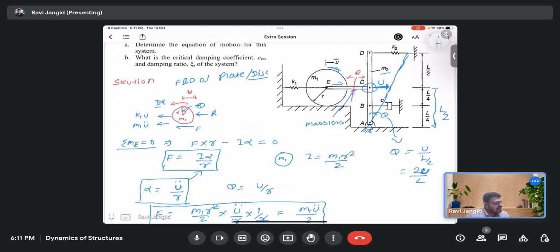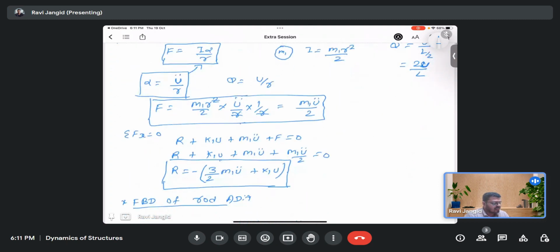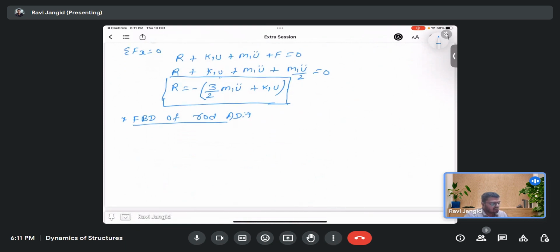Let us draw the free body diagram, so it is easier for you to understand things. Initially it was straight, and then it went like that. So this has the theta rotation.